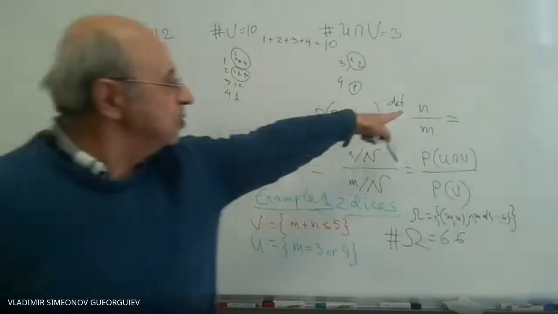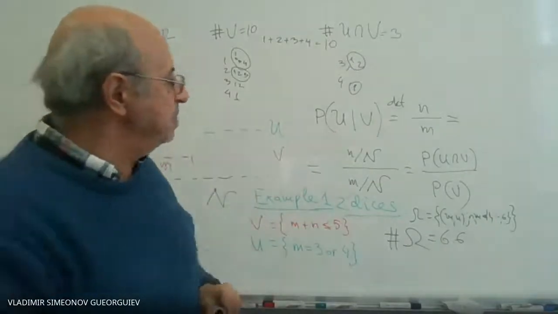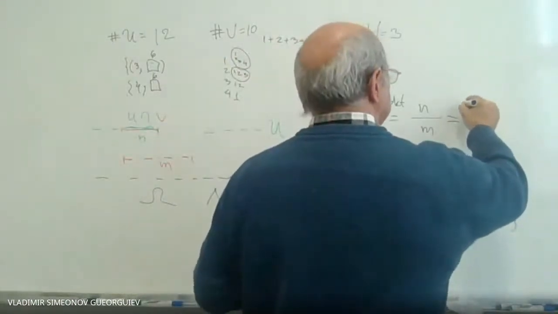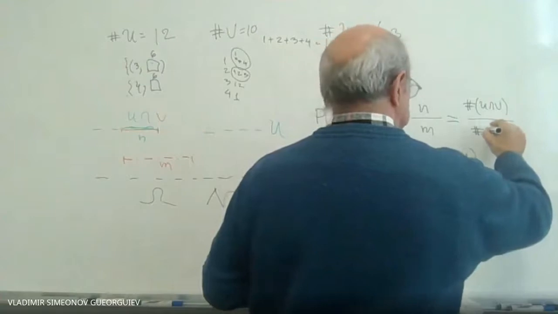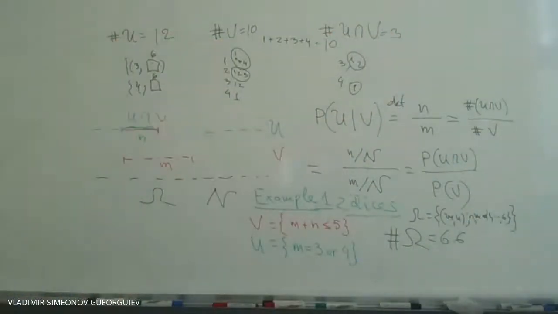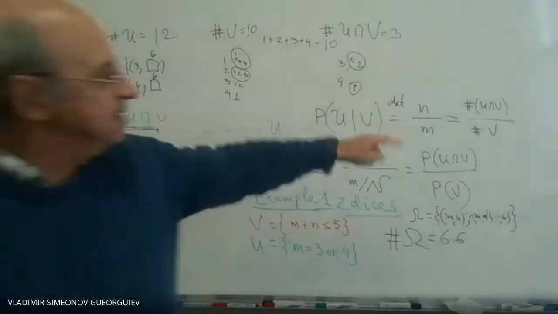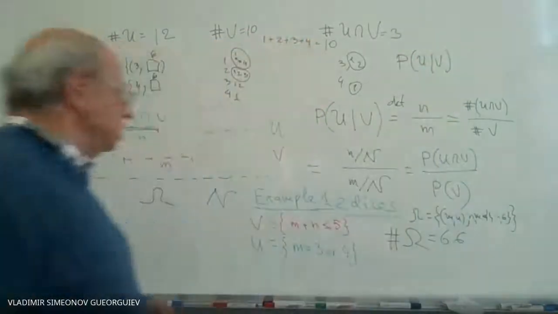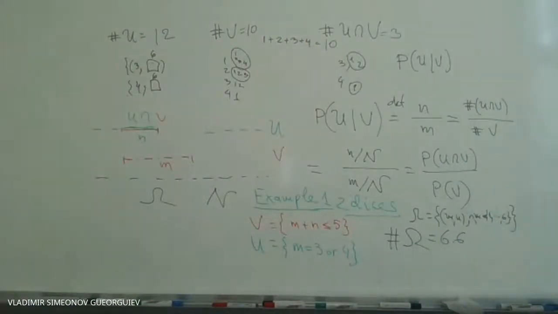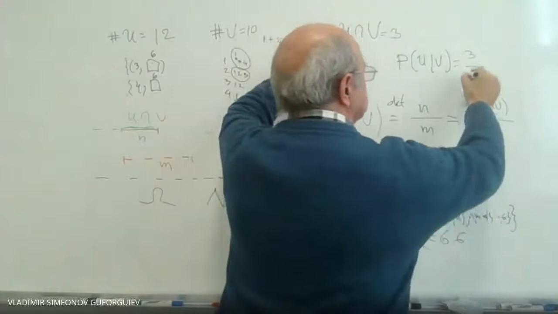Actually, our initial formula was: the probability of the event U under the condition V happens is simply the counted number of elements of U intersected with V divided by the number of elements of V. And with this line here, we can simply apply the formula and deduce that the probability of the event U under the condition that V occurs is exactly equal to 3 over 10.